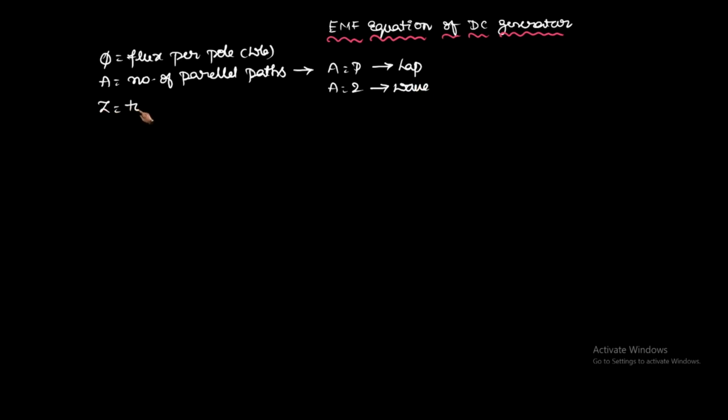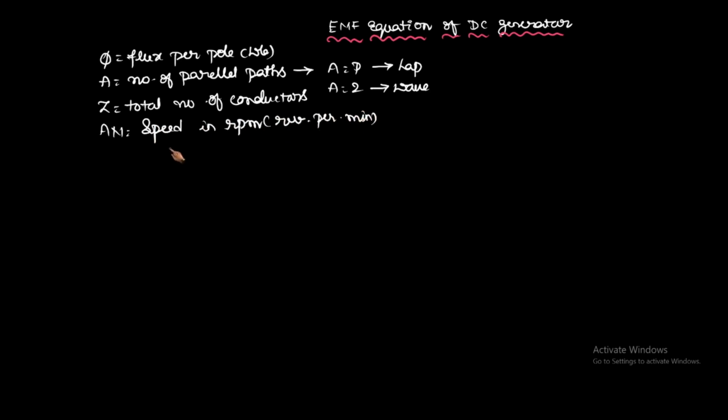Z is the total number of conductors. N is the speed in RPM, which means revolutions per minute.